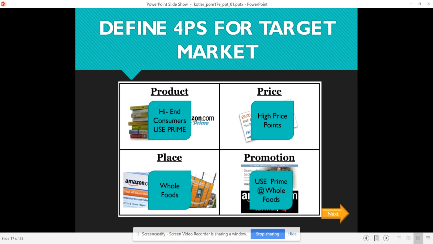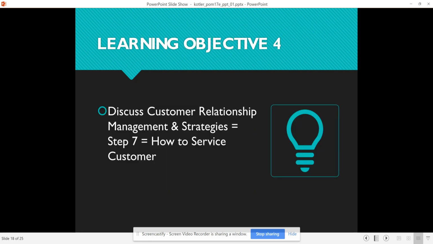The promotion is going to be use your Prime card and get better discounts at Whole Foods. So it's always tying in the promotion to add value, always adding value to that Prime card that you pay $99 for. So again, these are the 4 Ps and how Amazon used that for the Whole Foods promotion.